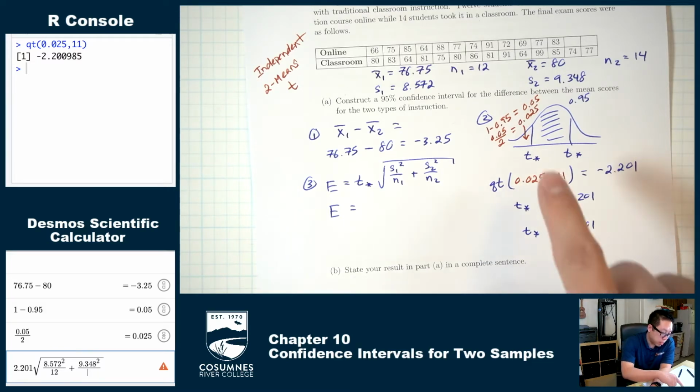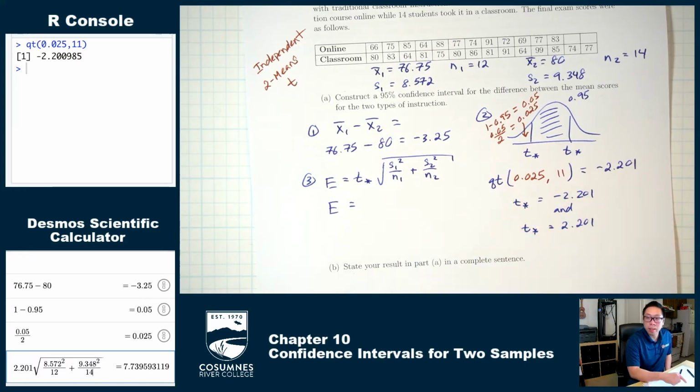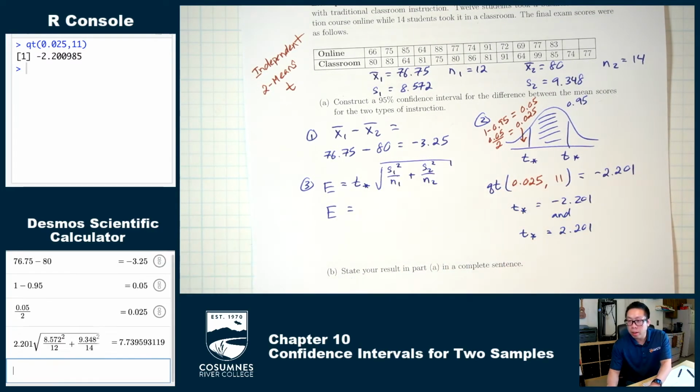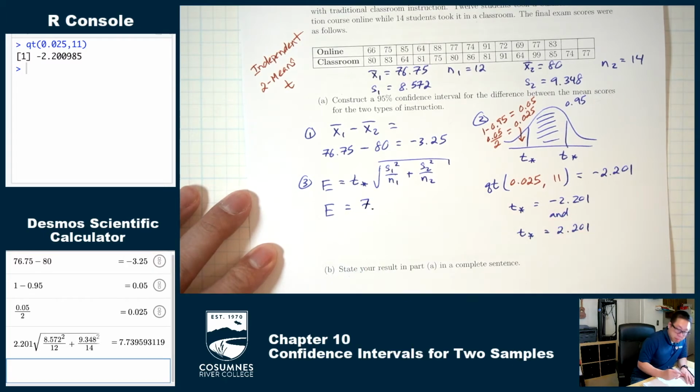And then over N2, N2 is 14. Okay, make sure what you see on Desmos looks exactly like this formula. In other words, everything should be inside of that square root. And then we'll hit enter. Our margin of error is 7.740.